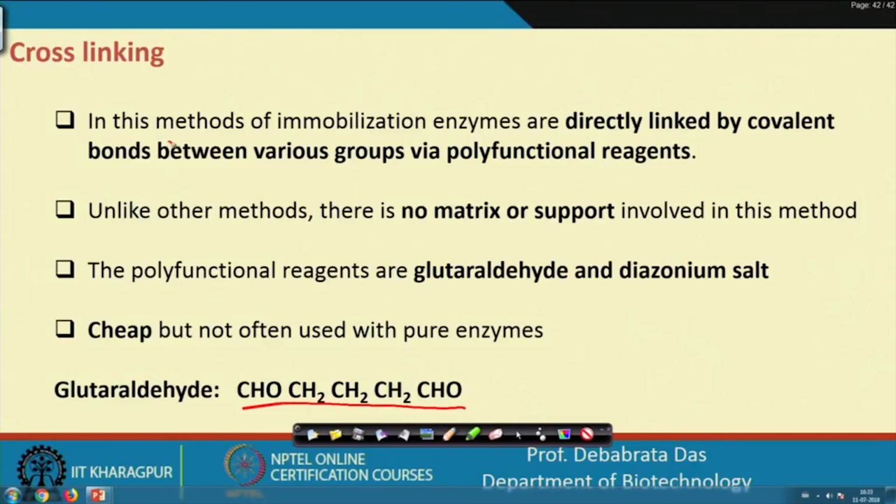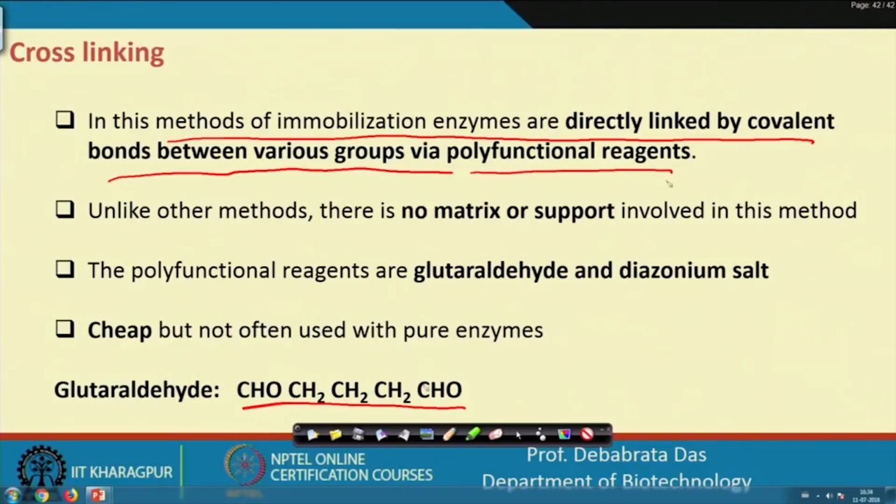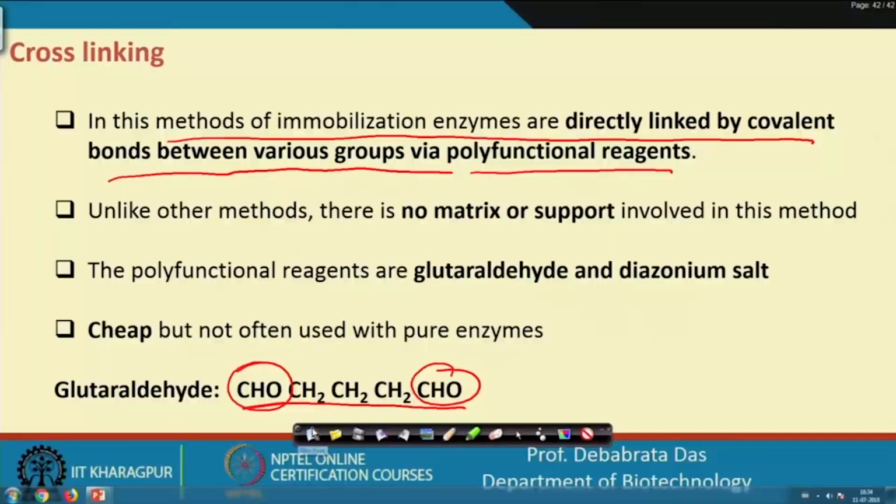In this method, the immobilized enzyme is directly linked with a covalent bond between the various groups and a polyfunctional reagent. So this has two functional groups, aldehyde groups, in glutaraldehyde. Due to this aldehyde group, one amino acid holds one side, another amino acid holds another side. This is how the cross-linking takes place.